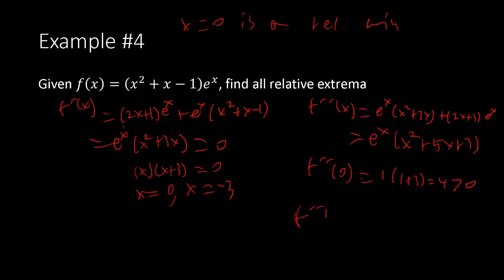Then f double prime of -3, that's going to be e to the -3 times (9 minus 15 plus 3), e to the -3 times -3, which means that this is going to be less than 0, and x equals -3 is a relative maximum.